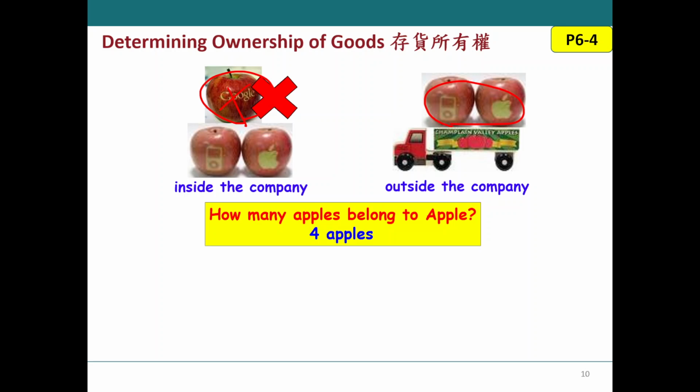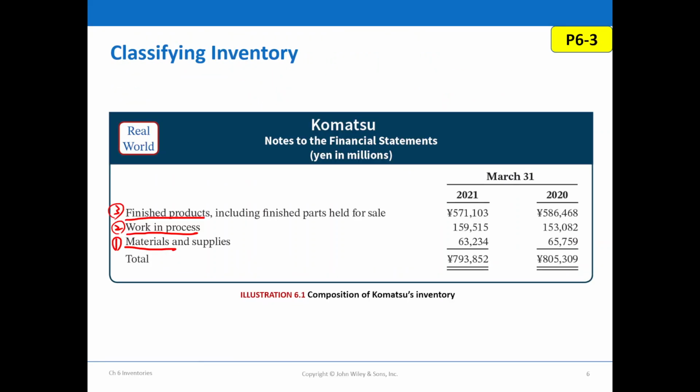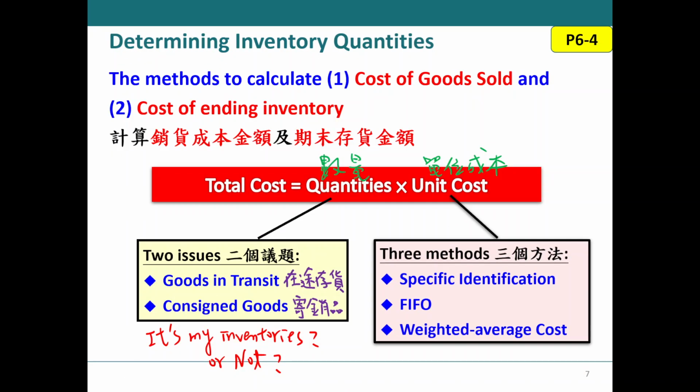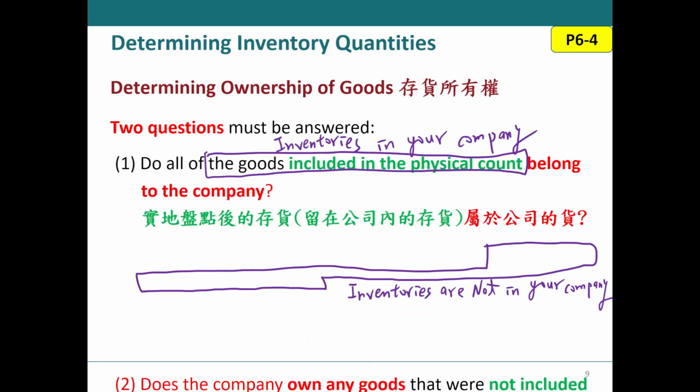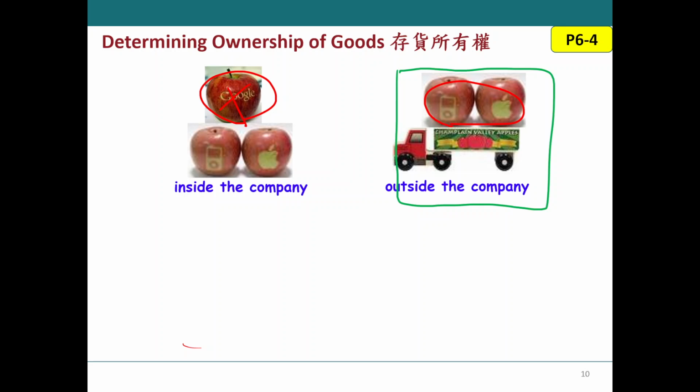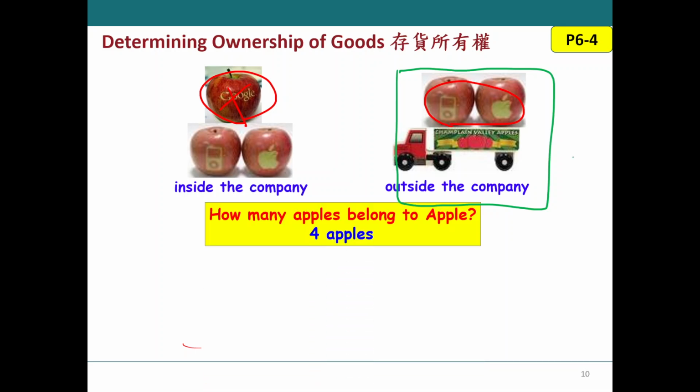Outside your company is the first situation we want to talk about: goods in transit, 在途存货.